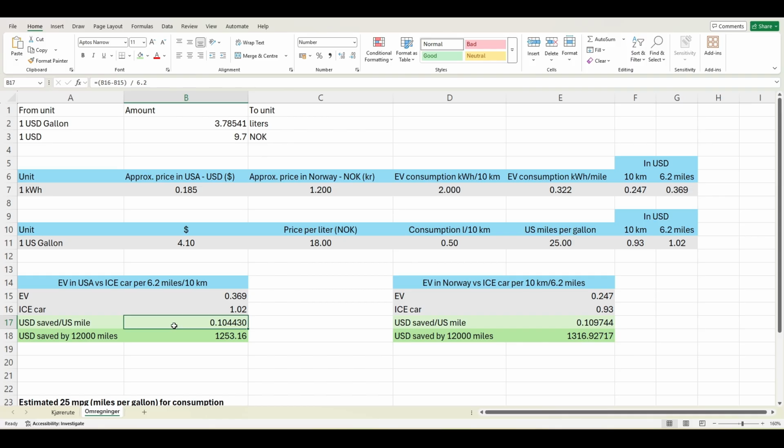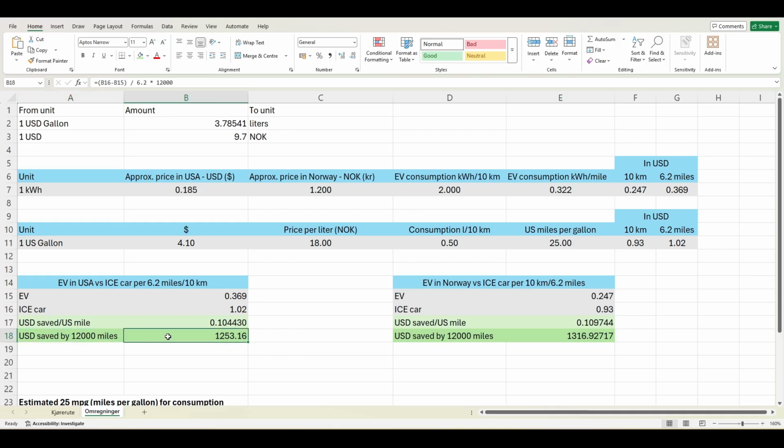by going electric. And then I was looking up how much an American drives approximately per year on average. It's between 13 to 15,000 miles, but I went by 12.